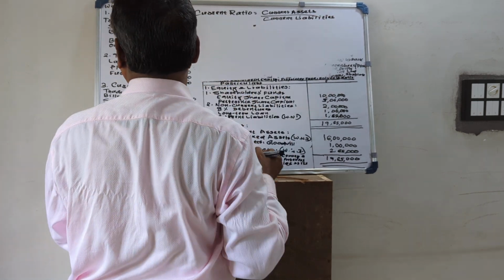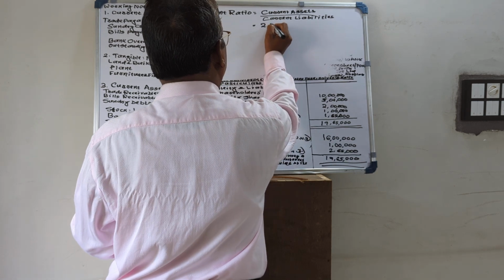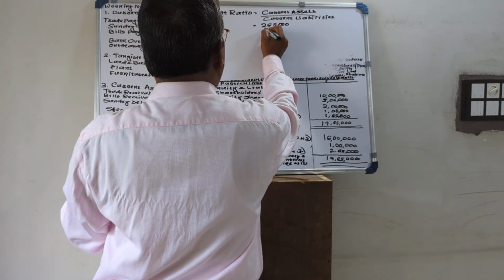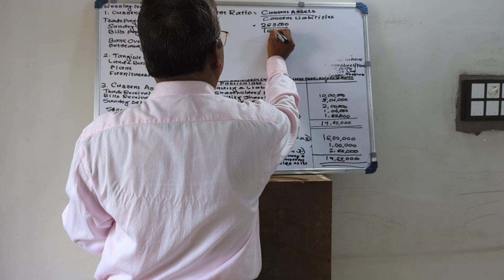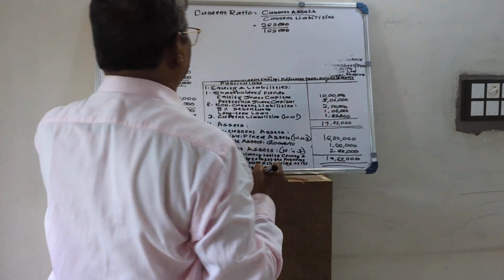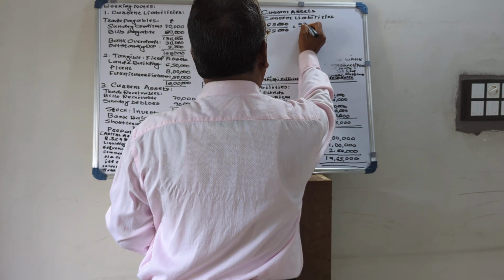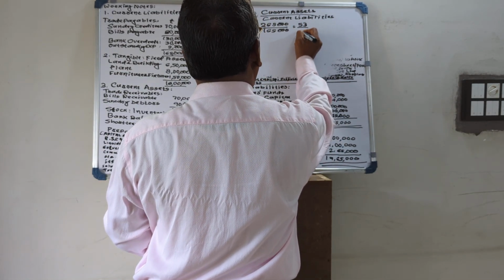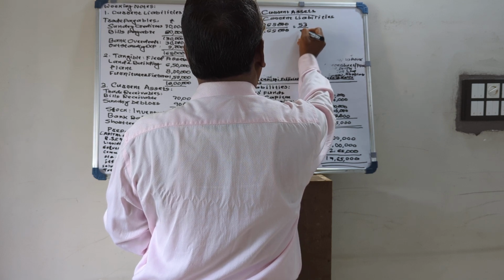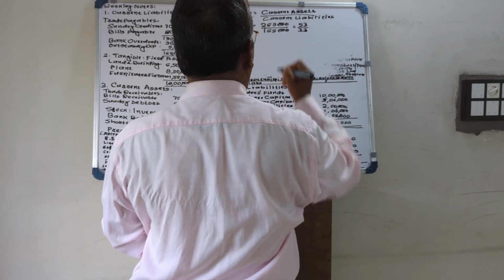Current assets total 2,65,000 and current liability is 1,65,000. So it is 265 by 165, or 53 by 33.